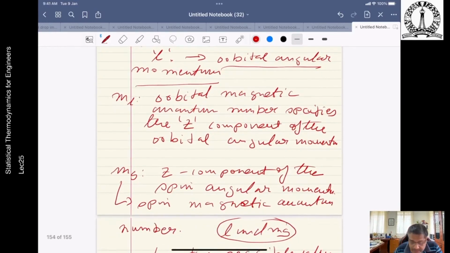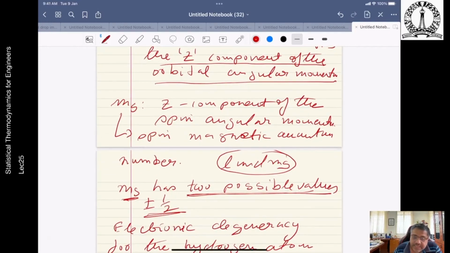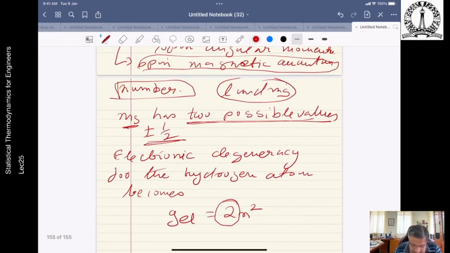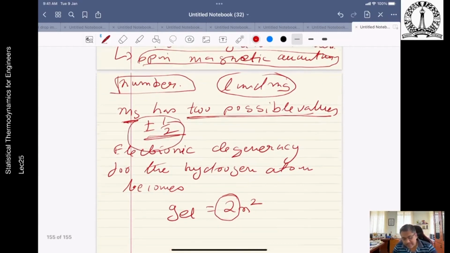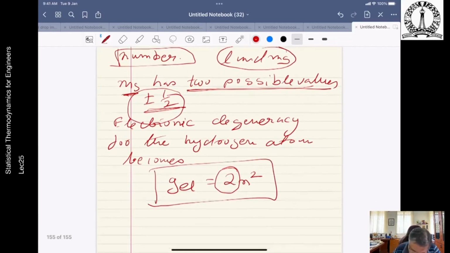ML is the orbital magnetic quantum number, which specifies the z component of the orbital angular momentum. And MS is the z component of the spin angular momentum, also called the spin magnetic quantum number. So this completes how to calculate the total degeneracy for the hydrogen atom.